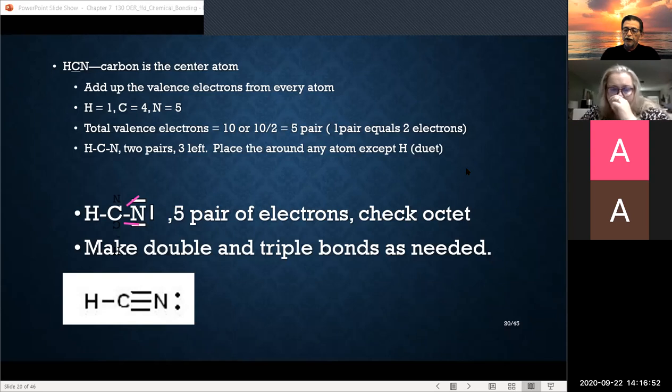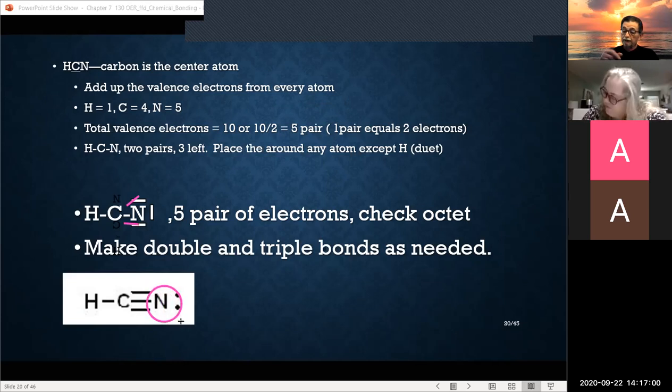Now check the octet. Looking at nitrogen by itself, I have 8 electrons around nitrogen. I got 3 that are bonded and 1 lone pair on the nitrogen. And if I look at carbon by itself, I have 2, 4, 6, 8 electrons around carbon.